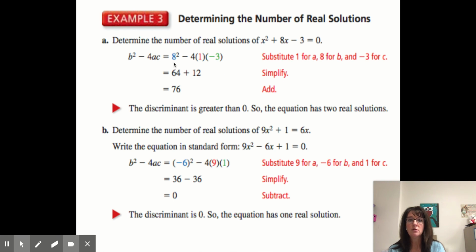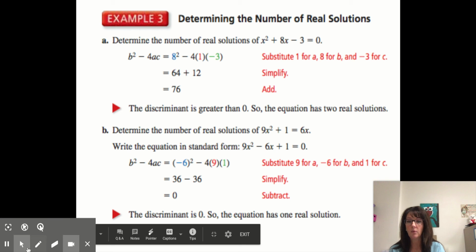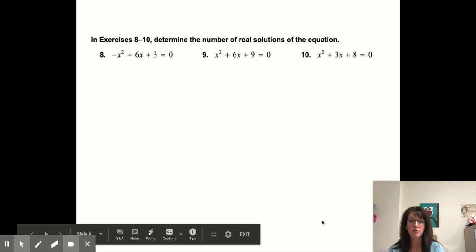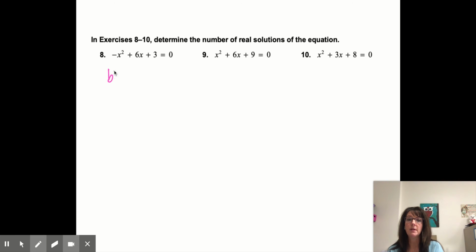So we're going to use the discriminant right here, b squared minus 4ac. If you have a 76, we know that it's greater than 0. You have 2 real solutions, 2 x-intercepts. When you get 0, you're going to have one real solution, one x-intercept. So determine this. We want to use the discriminant b squared minus 4ac. So we'll have 6 squared minus 4 times negative 1 times 3.